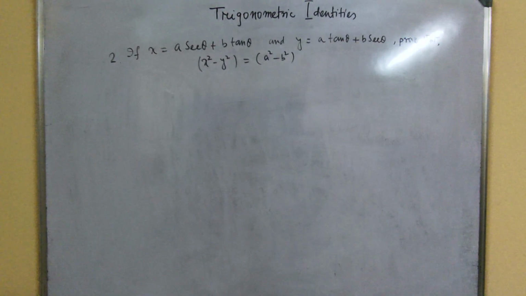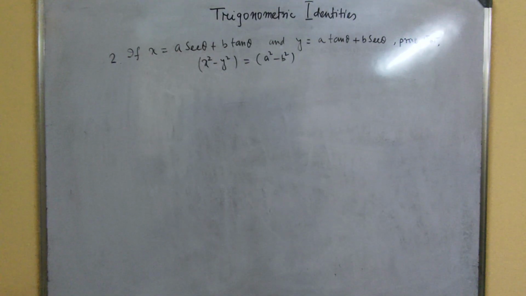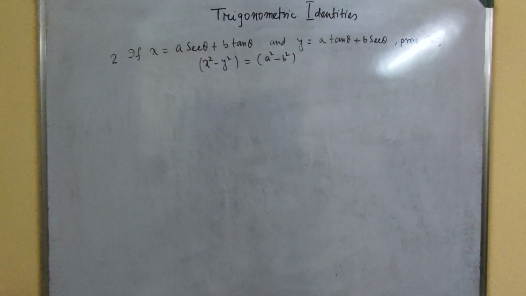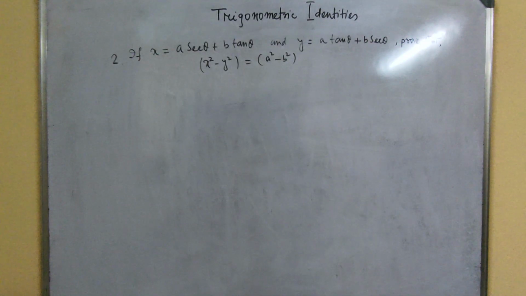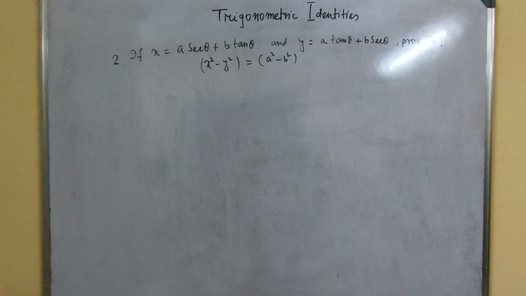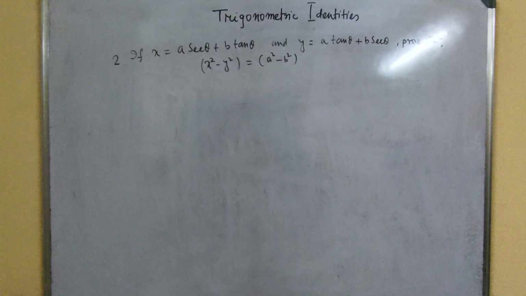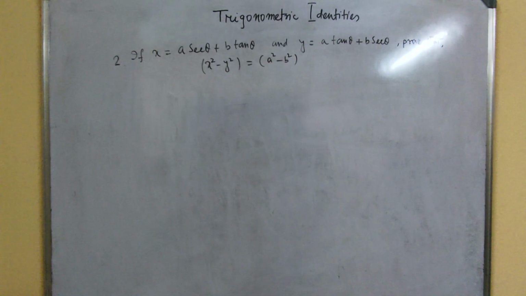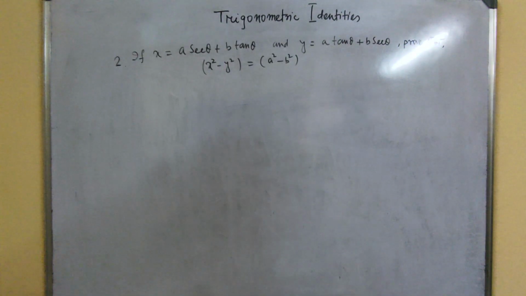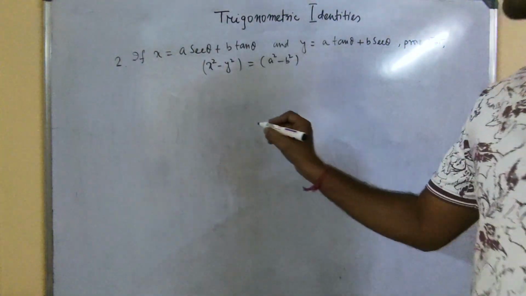Now problem number 2. If x is equal to a sec theta plus b tan theta and y is equal to a tan theta plus b sec theta, then prove that x square minus y square is equal to a square minus b square. Almost the same problem. Here x is given, so first we find x square.